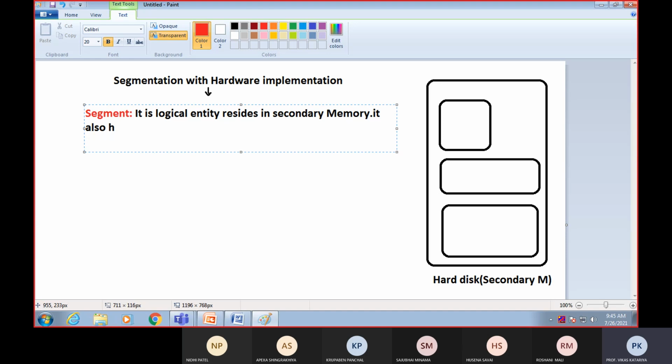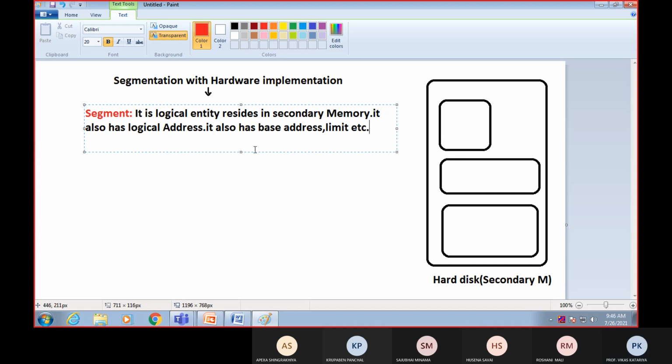It also has a logical address. It also has a base address, limit, etc. So a segment can contain a base address and limit.